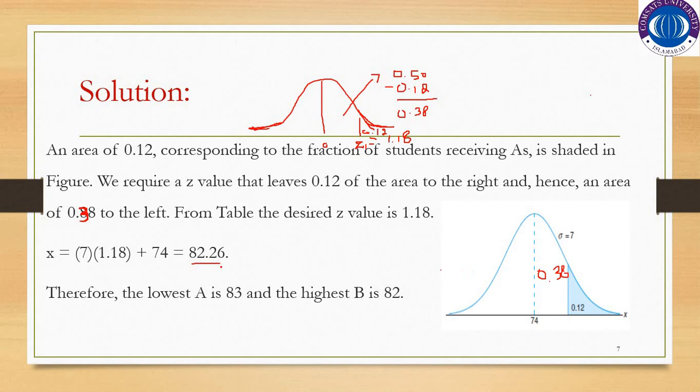As this is 82.26, the highest B is 82 and the lowest A is 83, as they are asking to find the highest B and lowest A. This 82.26 is the cut point: A grades start above it and B grades are below it.